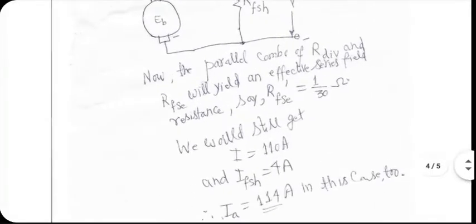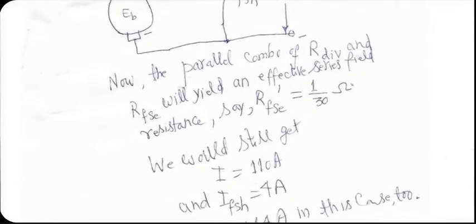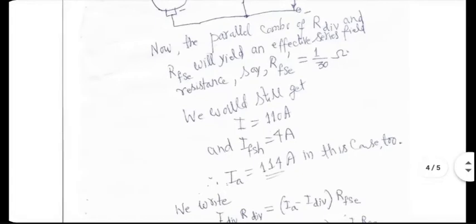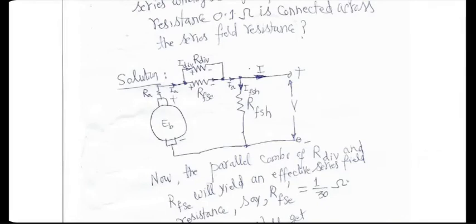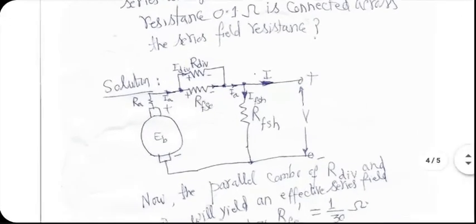Obviously, I would still be 110 amperes as it was the case in question 1 and question 2. IFSH will also not change. It is the same as in question 1. IA would also not change. A lot of things are common to question 1. The only difference is when you come to RFSC.